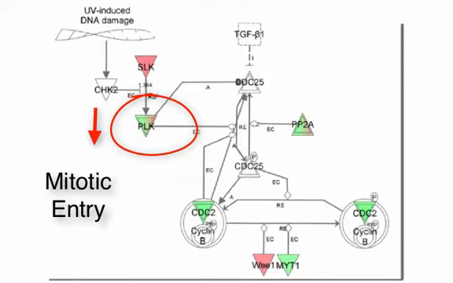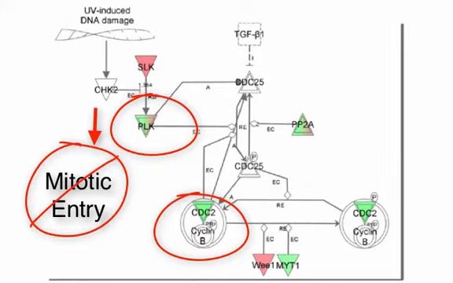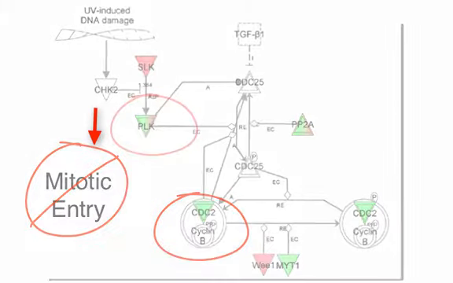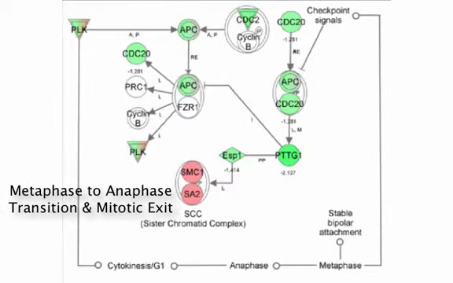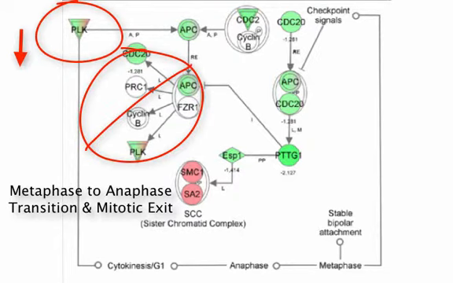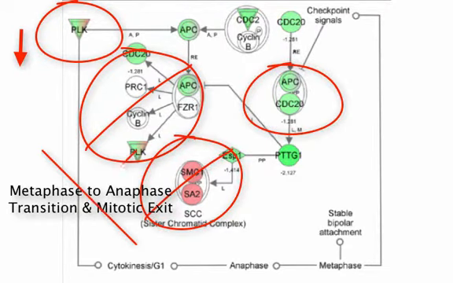First, it prevents activation of CDC25C, which in turn prevents activation of cyclin B, stopping mitotic entry. Secondly, downregulation of PLK prevents activation of APC, which is responsible for expressing CDC20, cyclin B, and PLK. APC will interact with CDC20, which ultimately causes the sister chromatid complexes to separate.